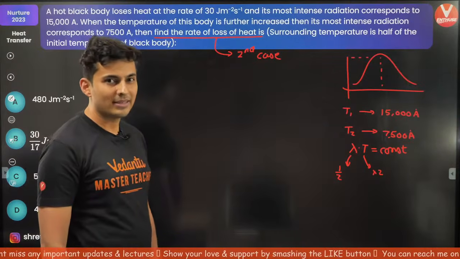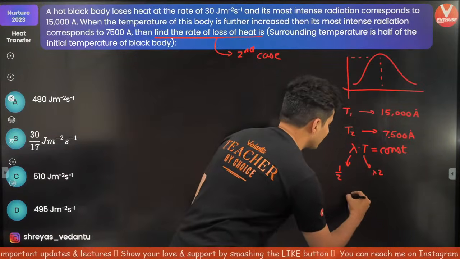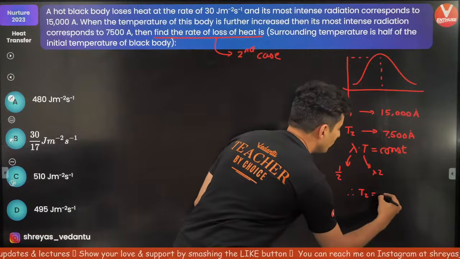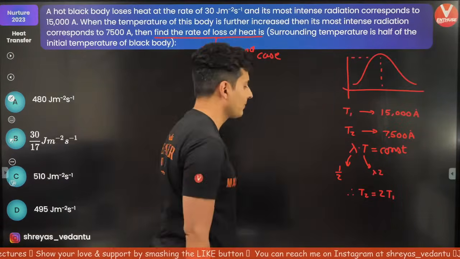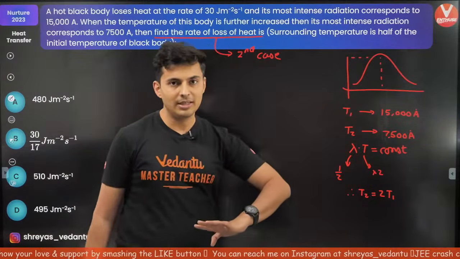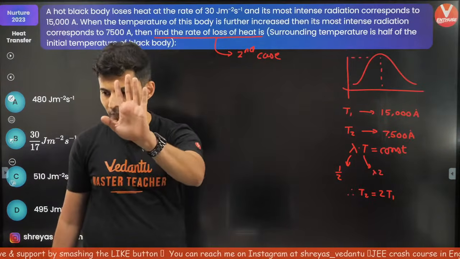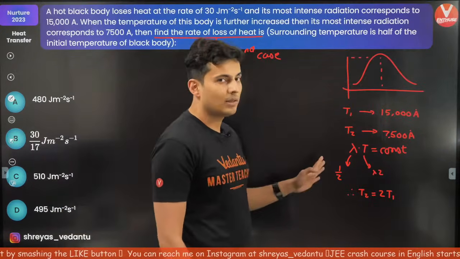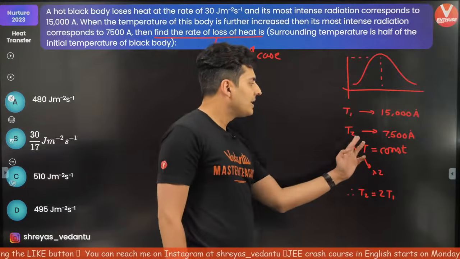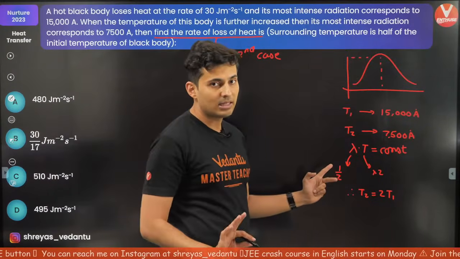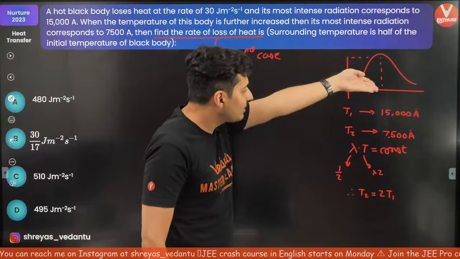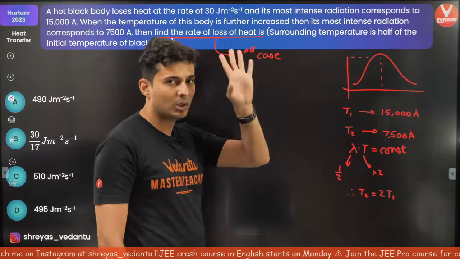So can I say from this that T2 will be twice of T1? Everybody agrees to this statement? Agreed? Great. So that's the Wien's displacement law. If wavelength has become half, temperature would have become twice.